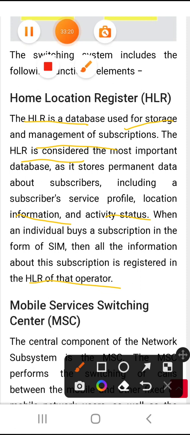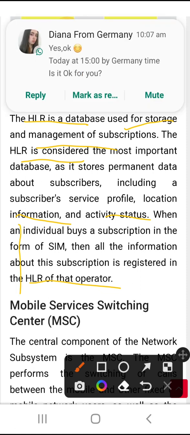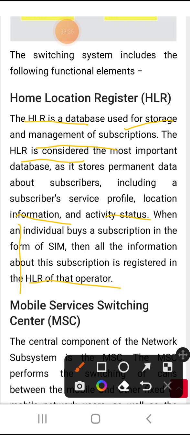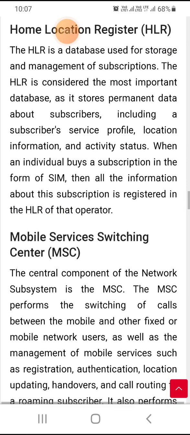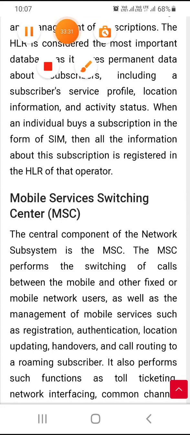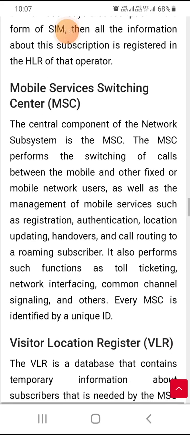Now, the mobile service switching center. The central component of the network subsystem is the mobile service switching center.